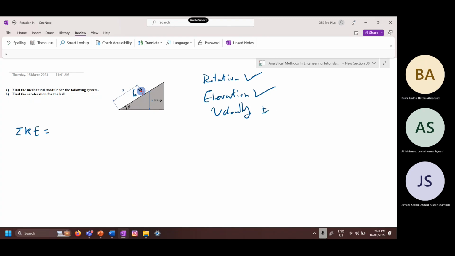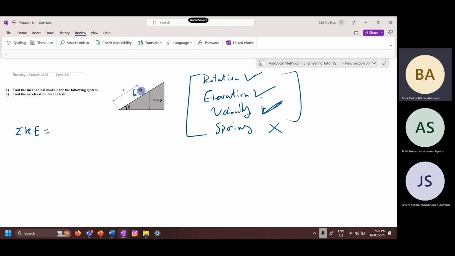What else do we have here? We don't have a spring. You need to do this test for every system that you're going to deal with. Check the rotation, the elevation, the velocity, and whether there is a spring.